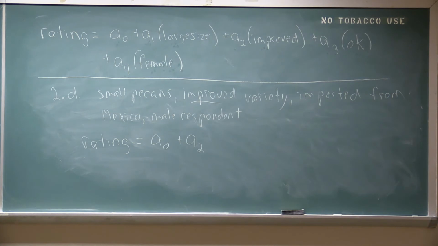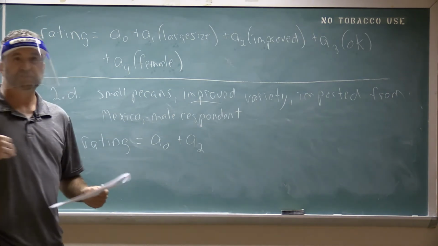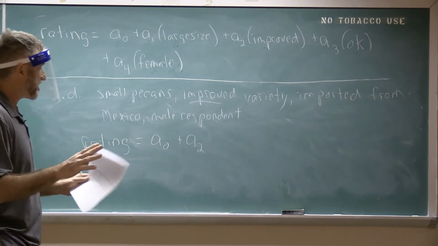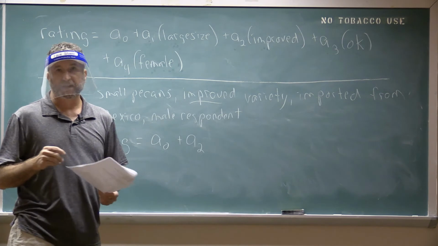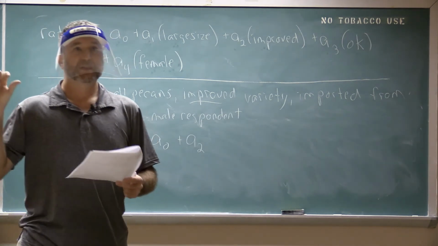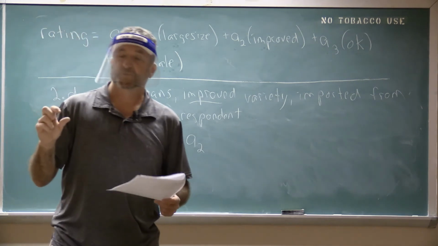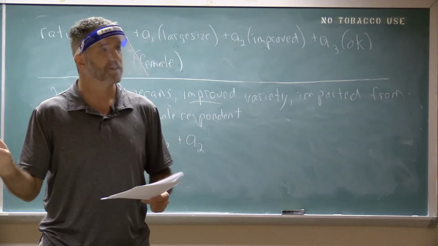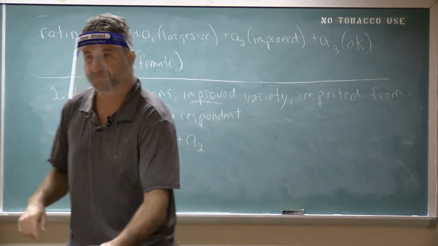The predicted rating for 2D is A0 plus A2. The only difference is the value of A2, and the only thing we changed was the type of variety. So that coefficient A2 tells us how an improved variety impacts ratings compared to native variety, holding all that other stuff constant.